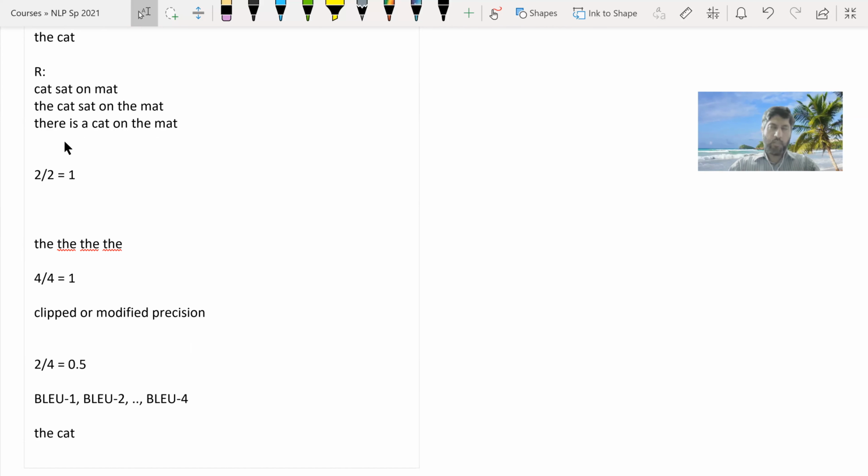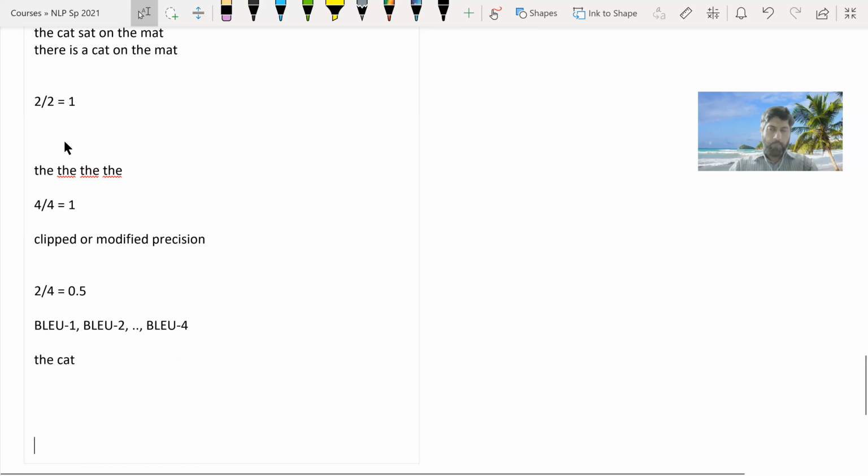Is "the cat" occurring in my reference? Yes, it does occur in the references. So there is only one bigram in the generated text, so 1/1 is 1.